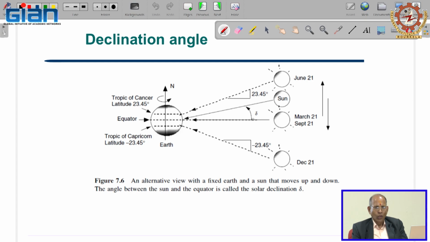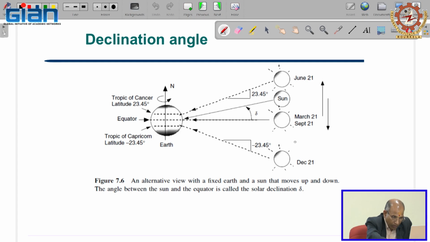Right? So you'll see that on different days, like June 21st and December 22nd, this angle delta, the declination angle, has a maximum value which is 23.45.